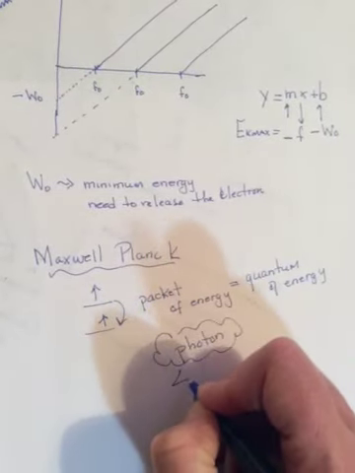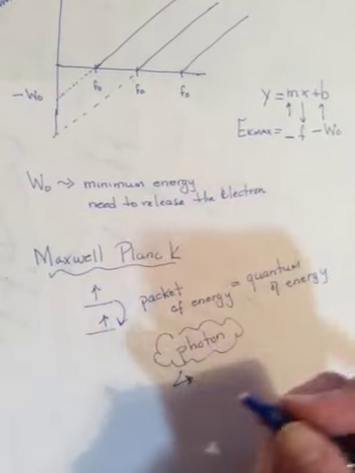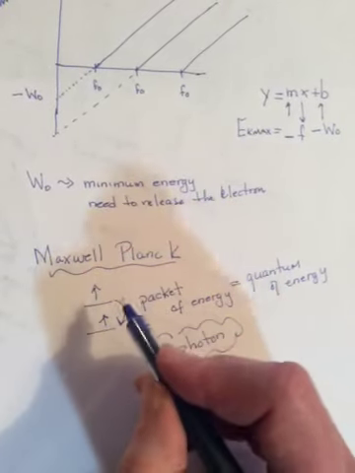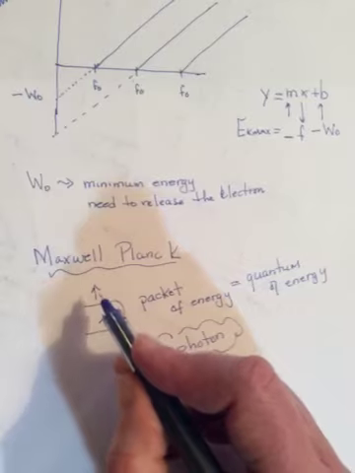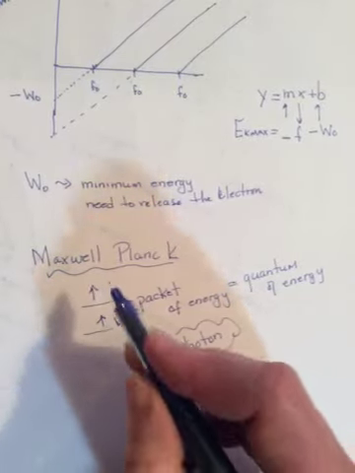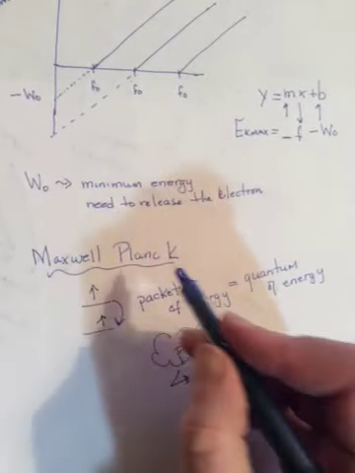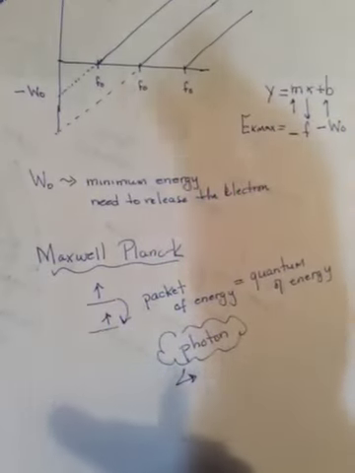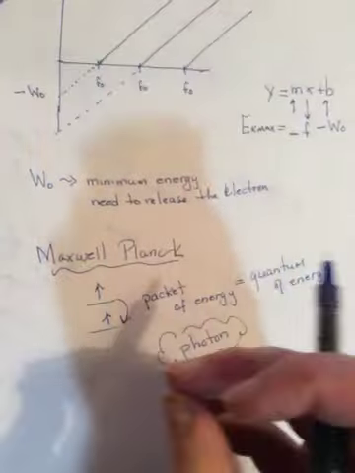And I'm thinking you learned that in grade 11, but if not, let me say it again. A photon is simply a packet of energy that is released when an electron falls from a higher level to a lower level.